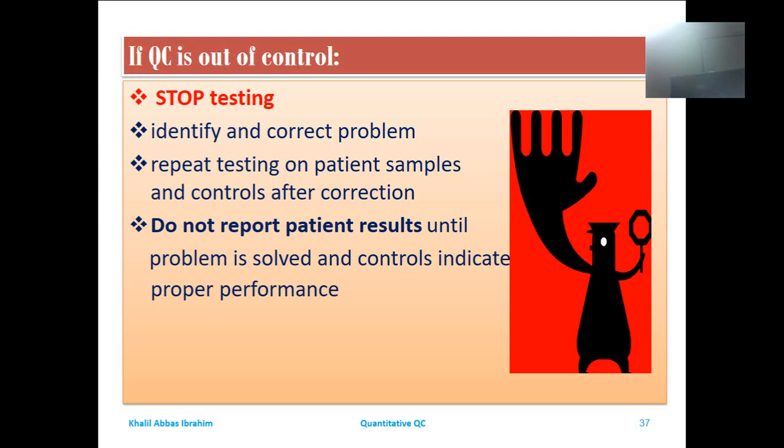It is very necessary to rely upon the policies that have been previously developed for that laboratory, as we said before, because that policy should include different corrective actions for different problems. Then after you understand the problem and resolve it, repeat testing of patient samples and controls together after correction.